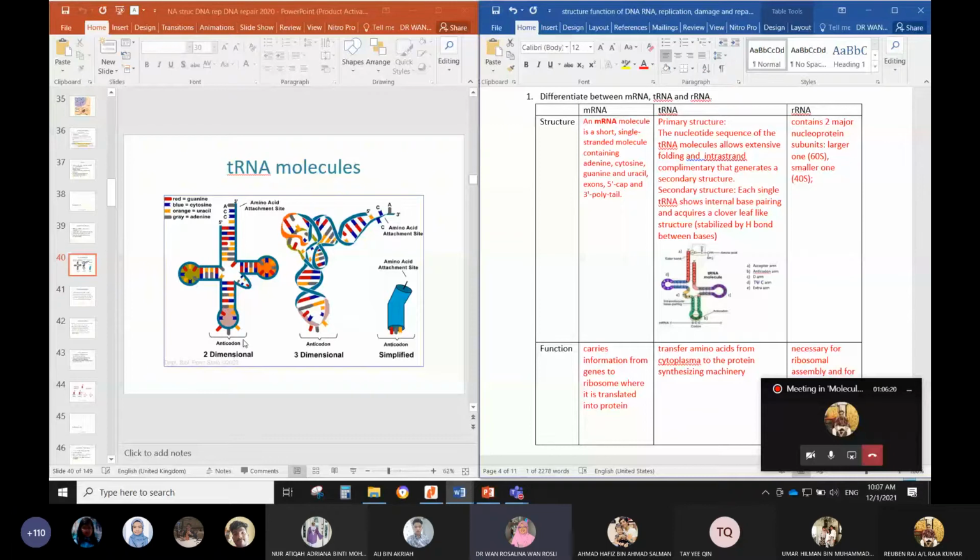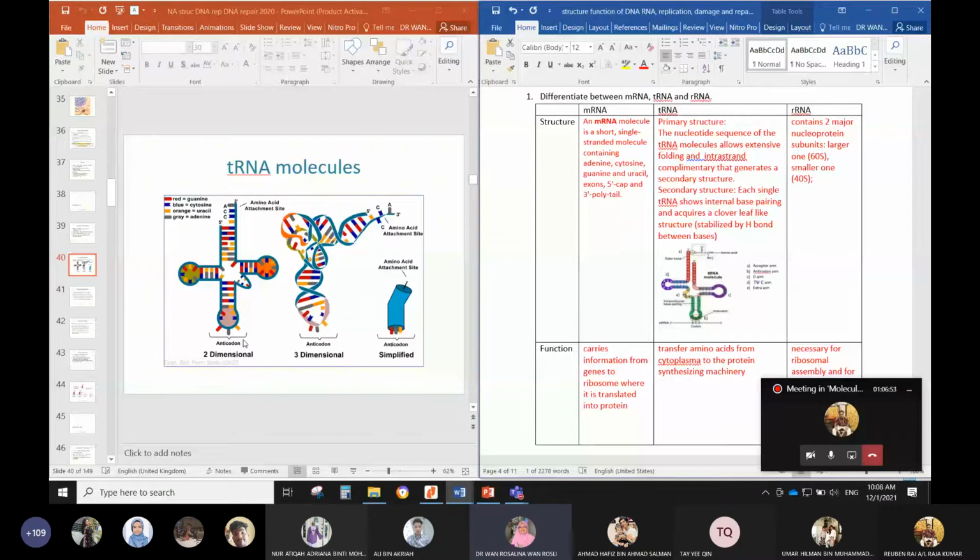You remember that the mRNA tells the whole cell how to build a particular protein. It has certain sequences of amino acids, so it has to know first what amino acid is required. So tRNA is attached to a certain amino acid that corresponds to the anticodon.